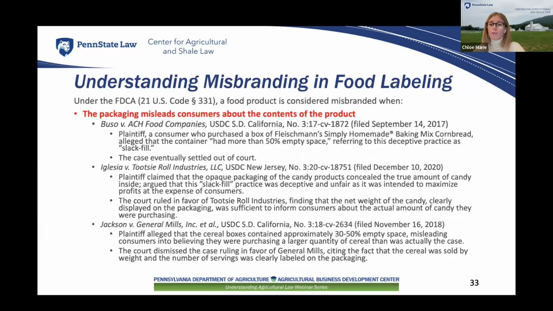The plaintiff referred to this practice as slack fill, and the court ruled in favor of the defendant, finding that the net weight of the candy, both in metric and standard measurements, was clearly and prominently displayed on the front of the product packaging. And the court determined that this information is sufficient to inform a reasonable consumer about the amount of candy they are purchasing, and therefore does not constitute deceptive or unfair packaging practices.